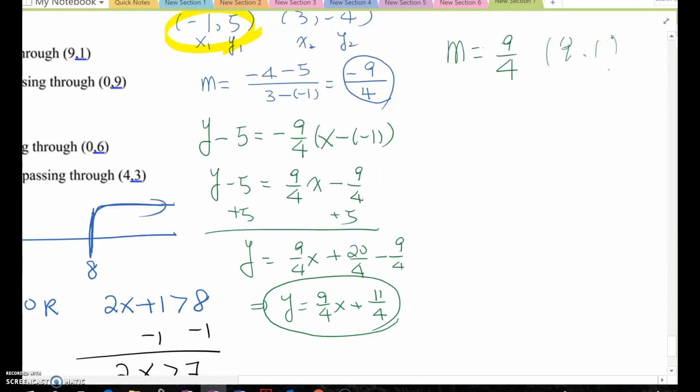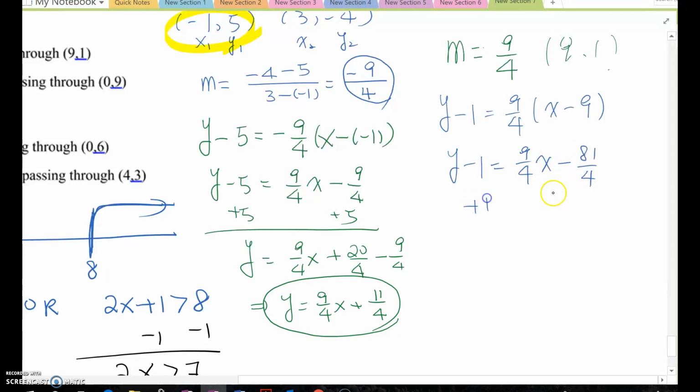Okay, based on this, we can also utilize the point slope formula. Then we can find the equation of the line. So y minus 1 equals negative 9 over 4 times x minus 9. Then y minus 1 equals negative 9 over 4 x plus 81 over 4.